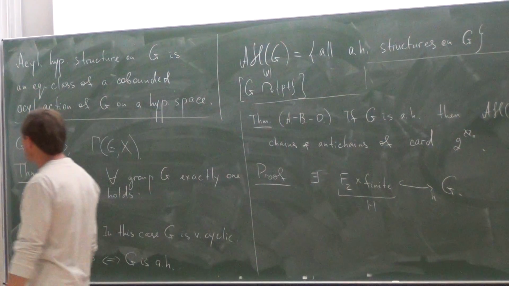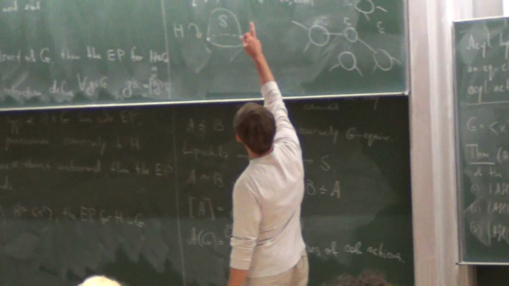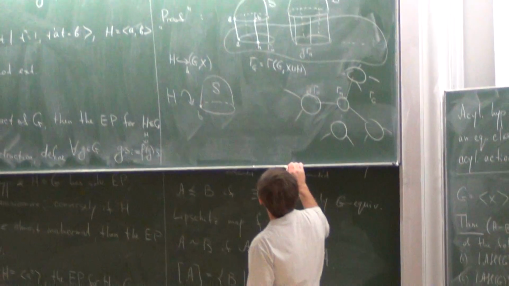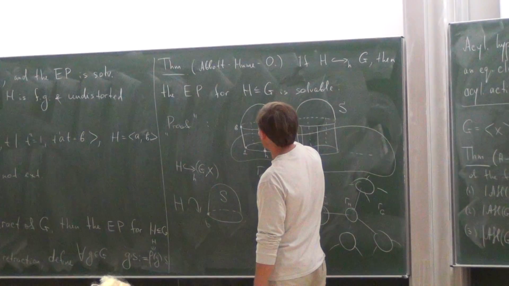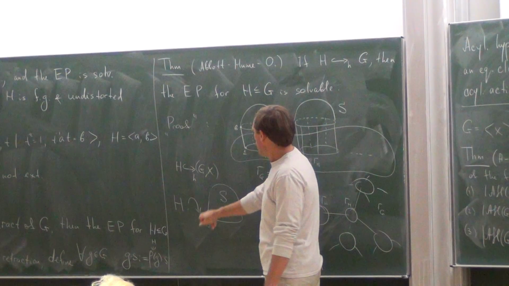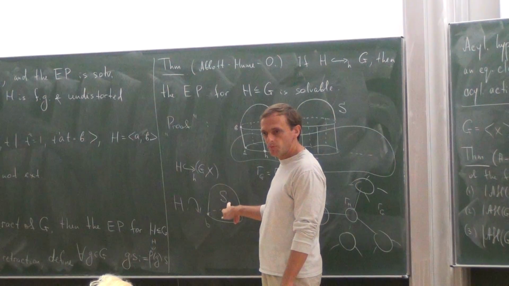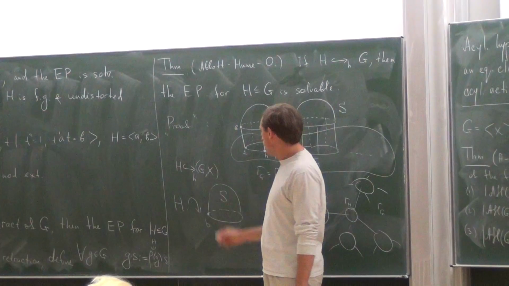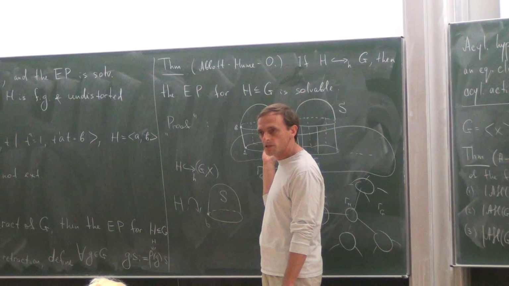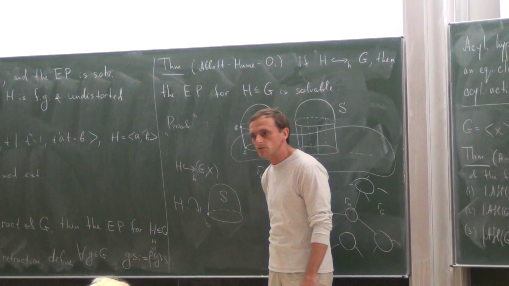Moreover, we can add to this theorem about extended actions that if the original action of H on this metric space S was acylindrical and the metric space S was hyperbolic, then the same is true for the induced action of G on this new metric space. The new metric space is hyperbolic, the action is acylindrical.